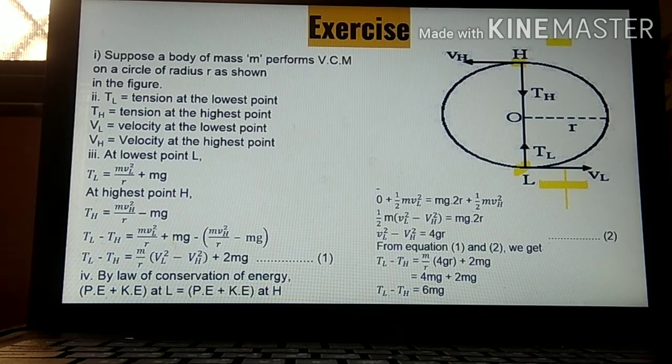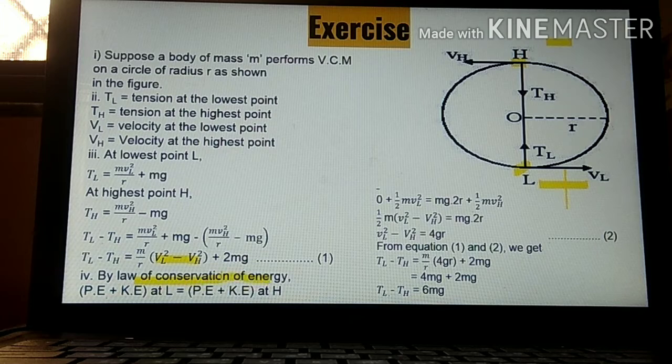So TL is equal to (m vl square upon r) plus mg, and TH is equal to (m vh square upon r) minus mg. If we substitute lowest minus highest, we get this full expression. If we take m upon r common, we get m upon r times (vl square minus vh square) plus 2mg.